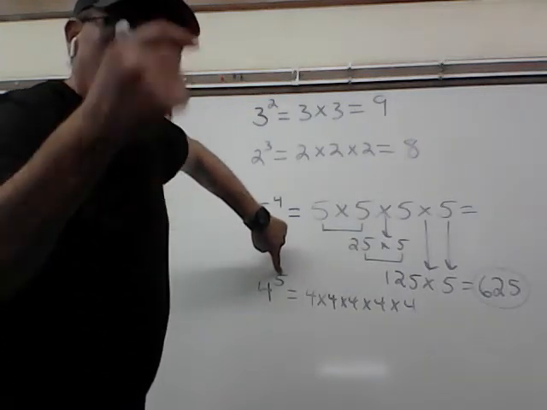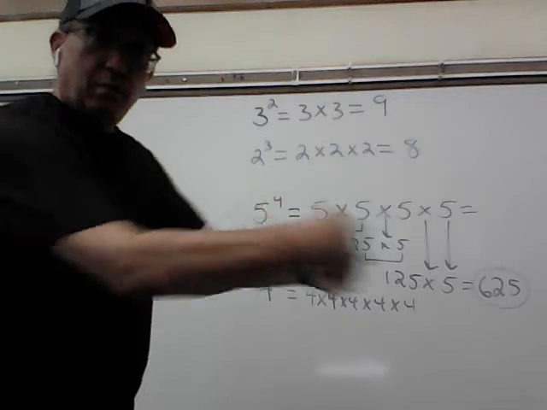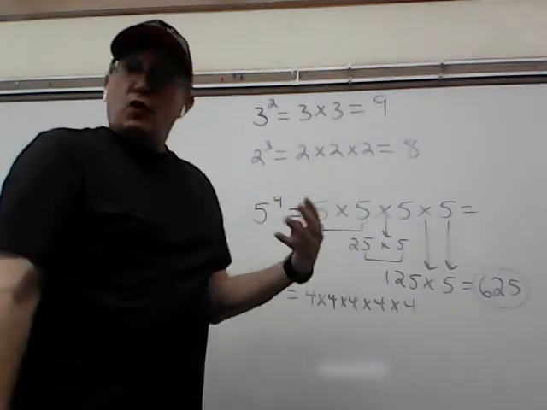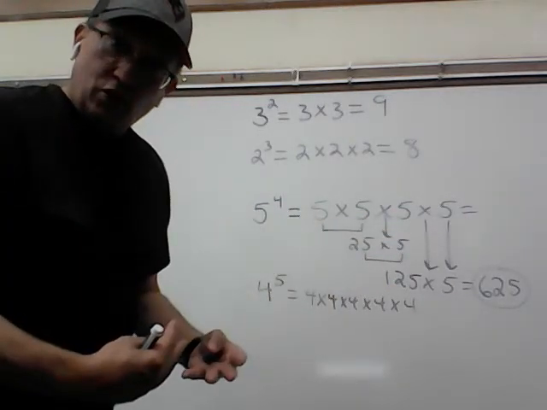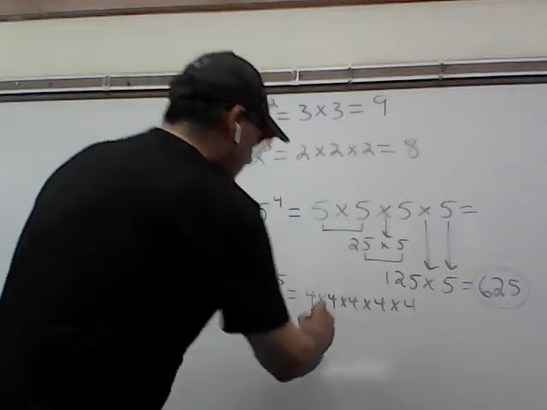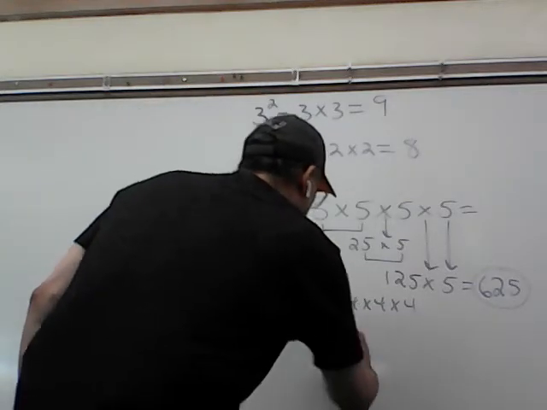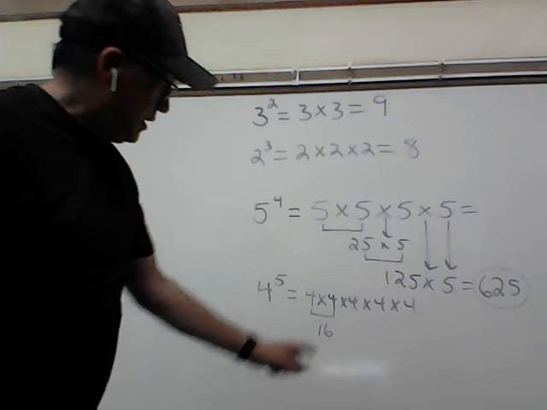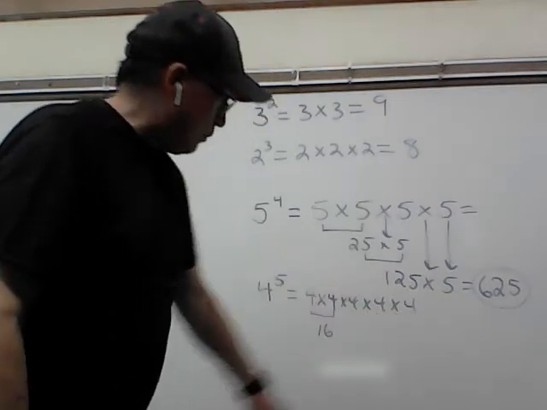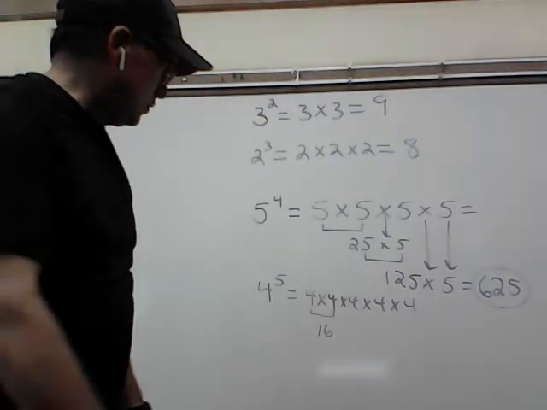The exponent tells you how many of these numbers to multiply together. And of course, we're going to only perform 4 multiplications. We've got 5 4s, but we do take care of those 2 and get 16. And now we've got 1, 2, 3 more, so a total of 4 multiplications.